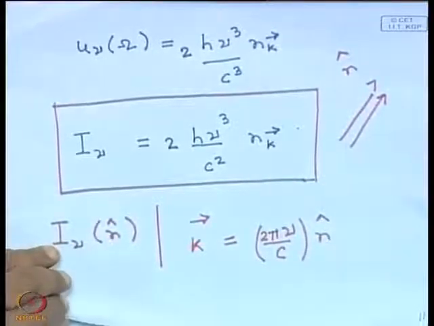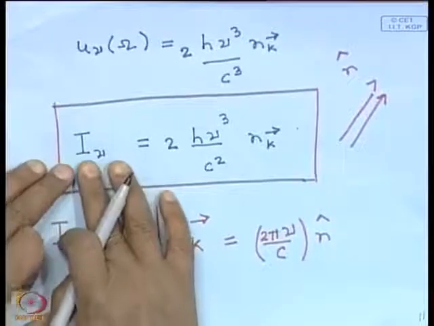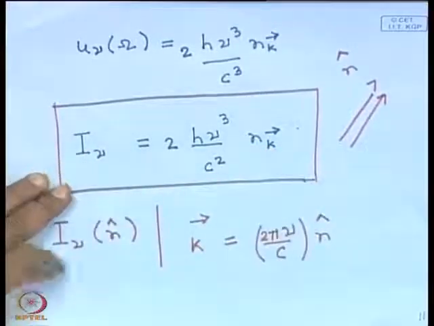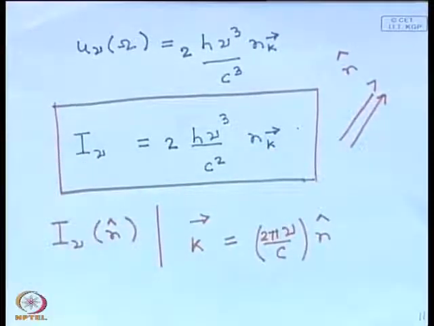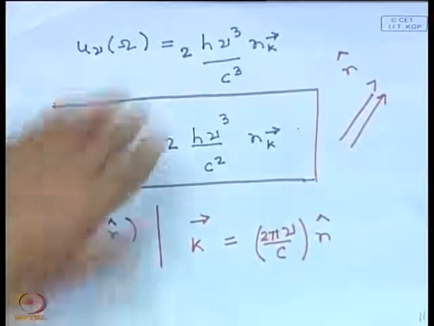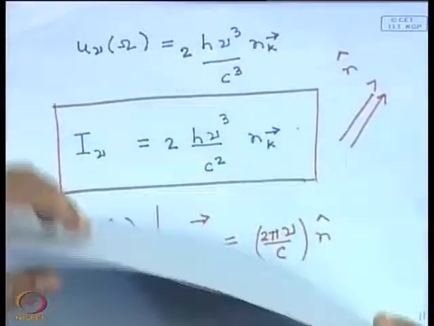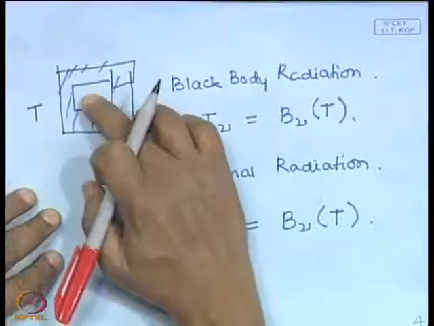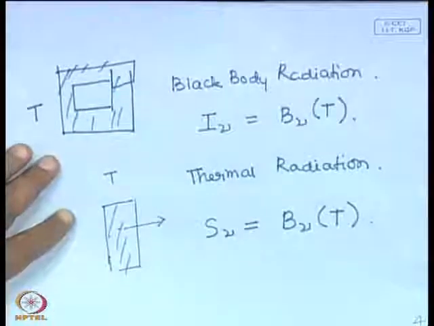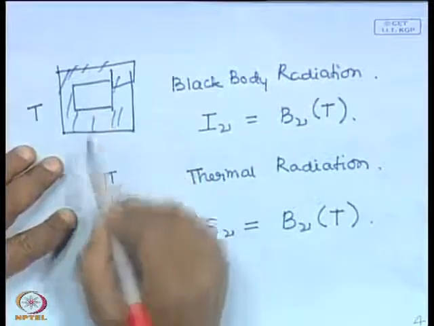Right now, it is a very general relation between the specific intensity and the occupation number of the modes of the photon. Okay. Right now, we are interested in a situation where the photons in this cavity are in thermal equilibrium with the walls of the cavity.